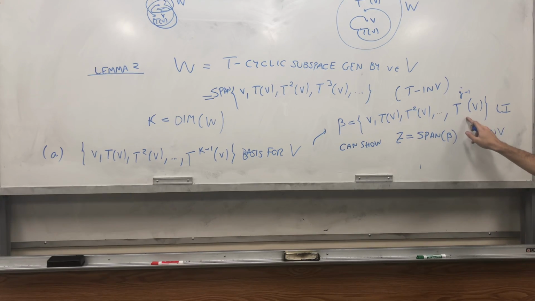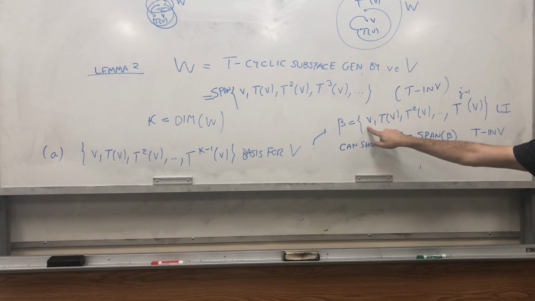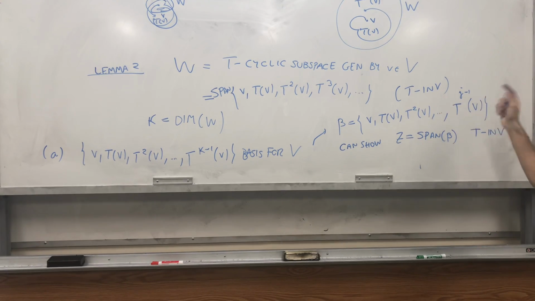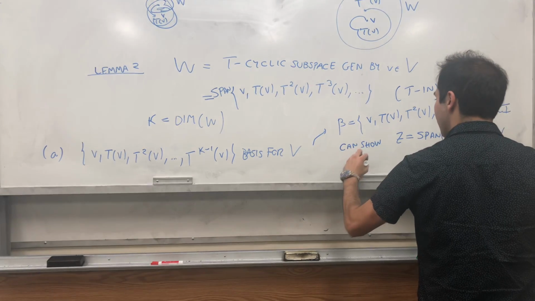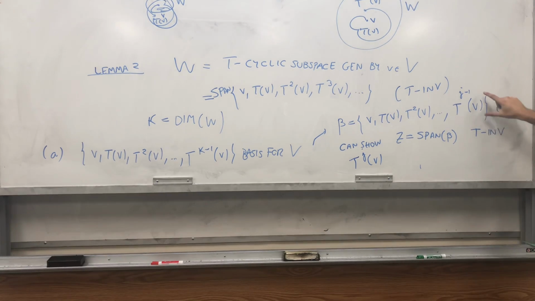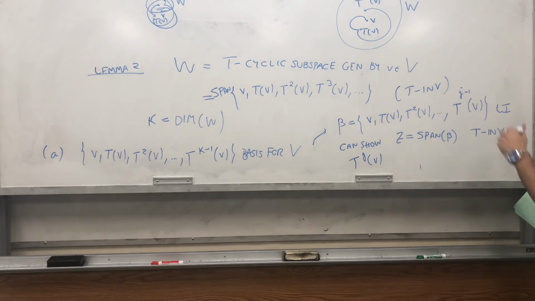Well, of course, if you apply T to v, you get an element in here. You apply T to this, you get an element in here. But what happens if you apply T to this last vector? Then T^j of v. Remember, we assumed j is the biggest one that makes it linearly independent.